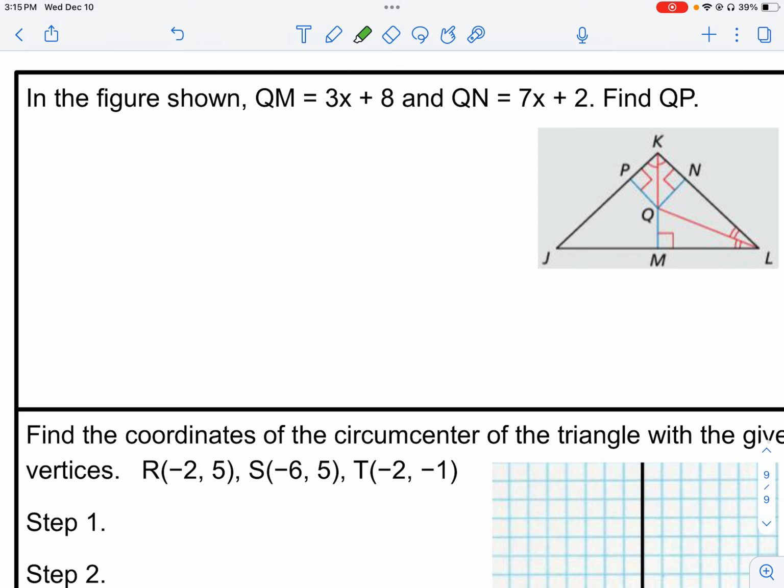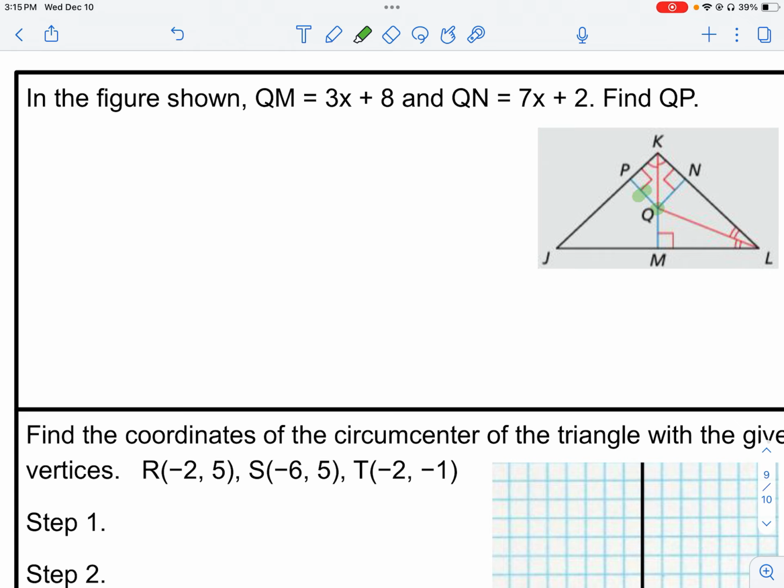All right, so we got two angle bisectors to point Q. Well, we know from the circumcenter that if we have two perpendicular bisectors meeting the same place, that's where all three are going to meet. Well, same here. If two of them are meeting, because lines that intersect at exactly one point, Q is still an incenter.